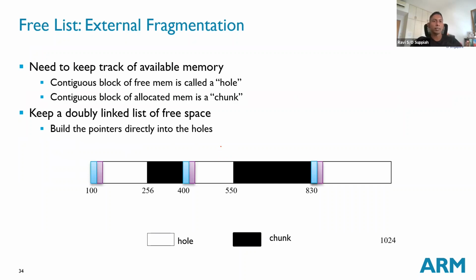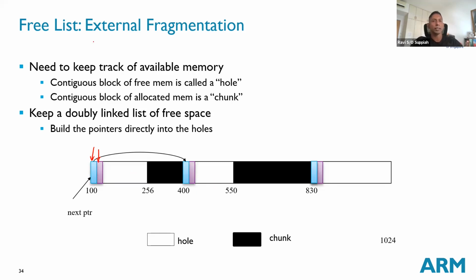If I look at this example here, you have some allocation of space where you have hole pointers to keep track of the next available hole and the previous hole. This next pointer will point to the next available hole that I have in the system.